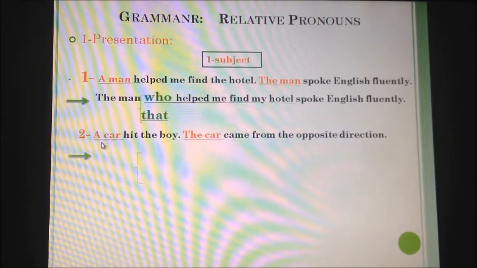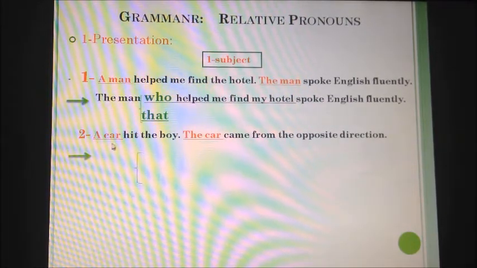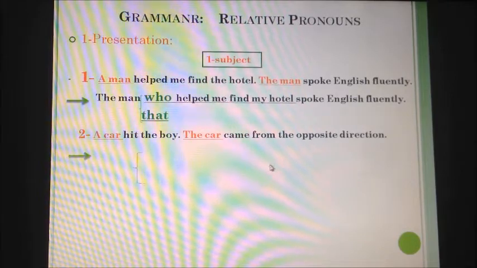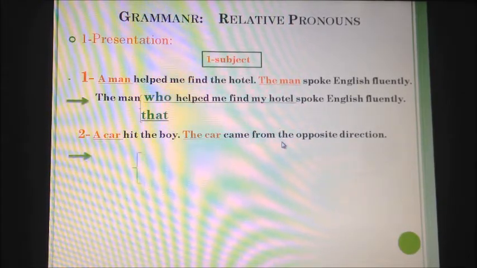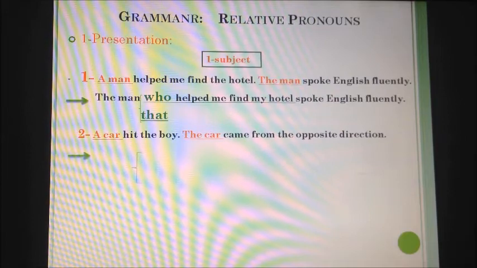What about if we have this example? A car hit the boy. Up to here, if we stop, we don't have any information about the car that hit the boy. The second sentence gives this extra information. The car came from the opposite direction. Not the blue car, not the black car. It's the car that came from the opposite direction.